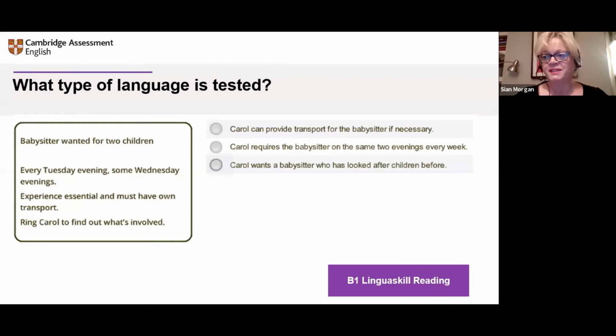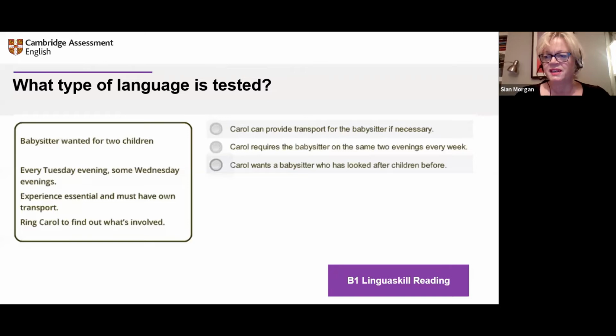So test takers have to read this notice and choose which of the options in the 3 options matches the meaning of the notice. Now have a look at the example and think about what type of language knowledge is tested here. The language here is varied.